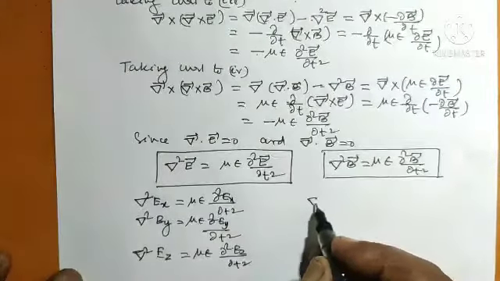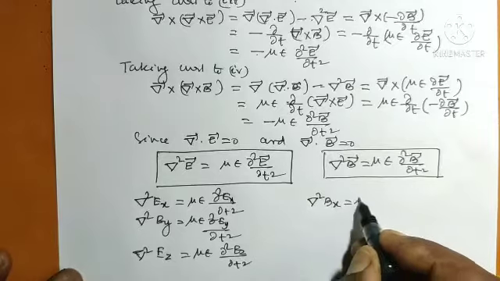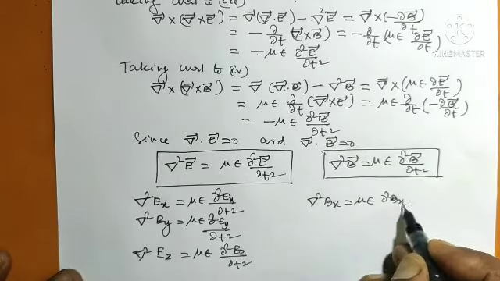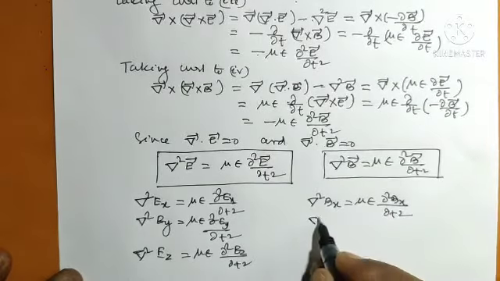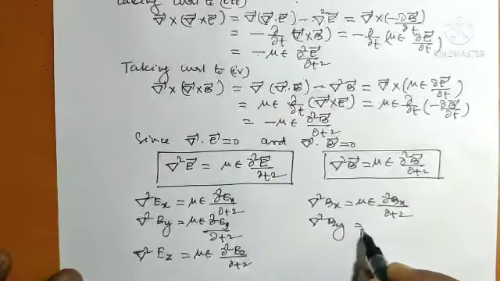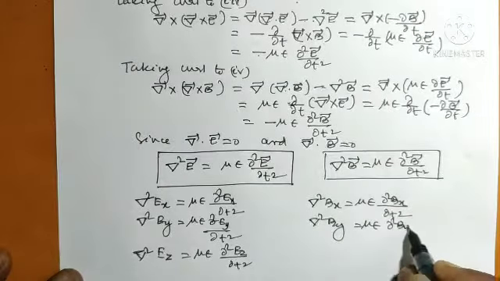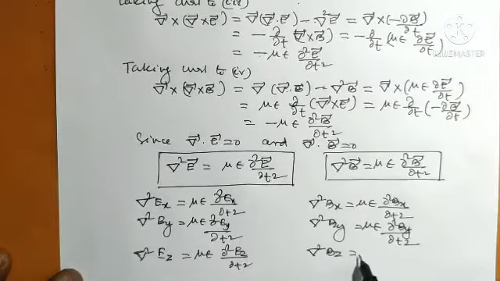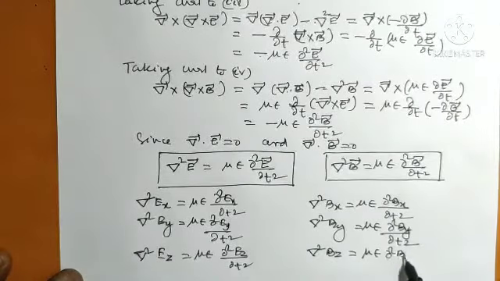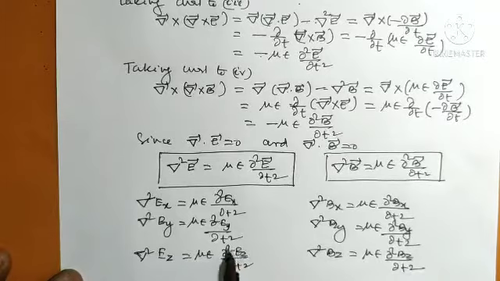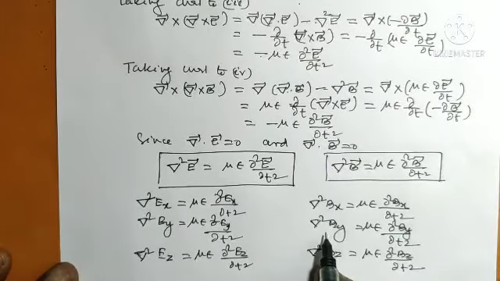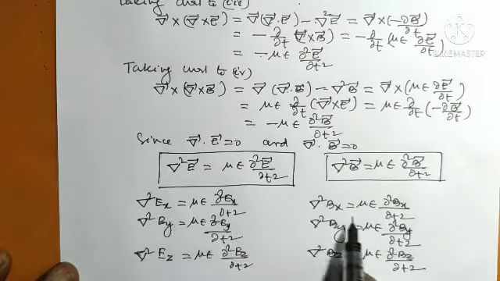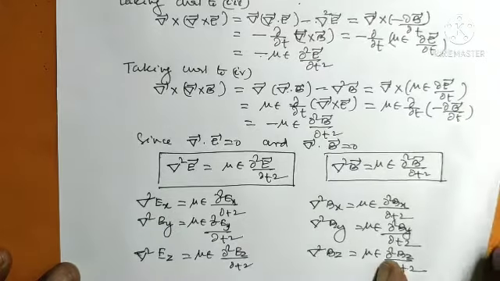Similarly for B, del square Bx equal to mu epsilon del square Bx by del t square. Del square By equal to mu epsilon del square By by del t square. Del square Bz equal to mu epsilon del square Bz by del t square. So there are 6 components. So the components of the E vector and B vector satisfy the classical wave equation.